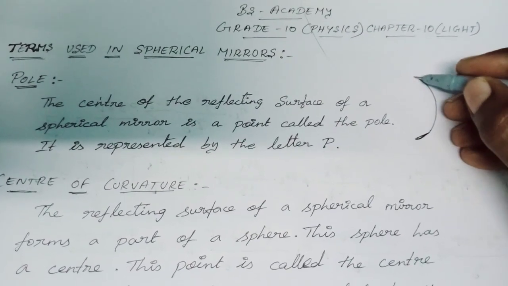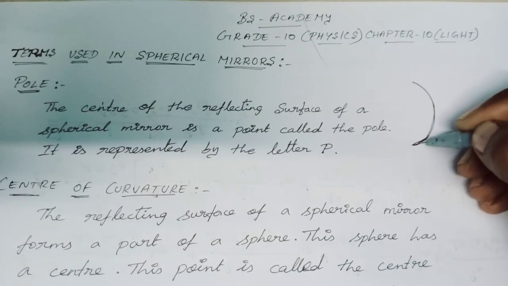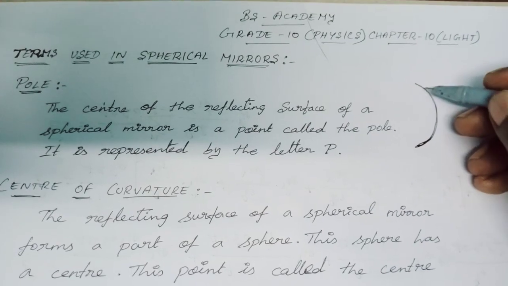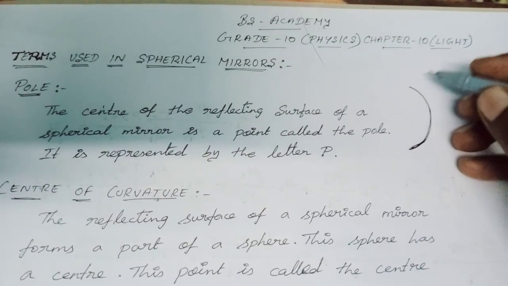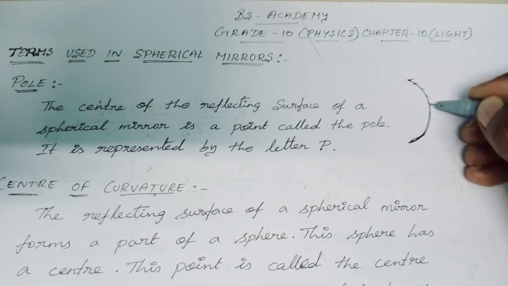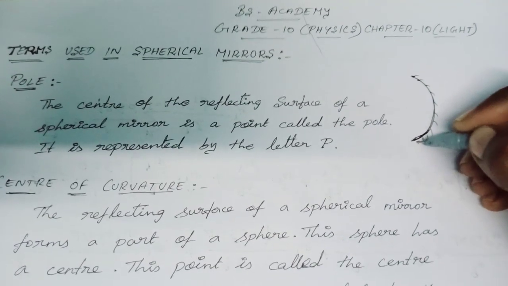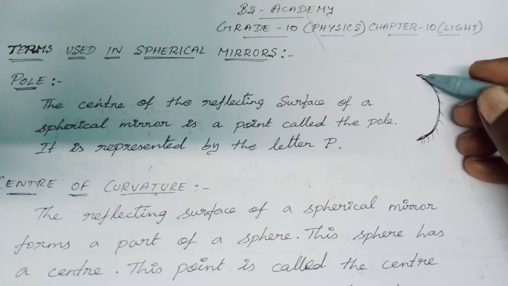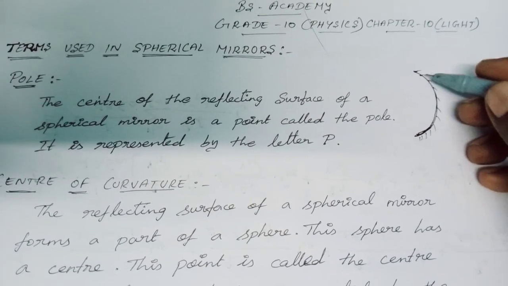This is the faded part of the concave mirror. I told you that this is the side view of the concave mirror.